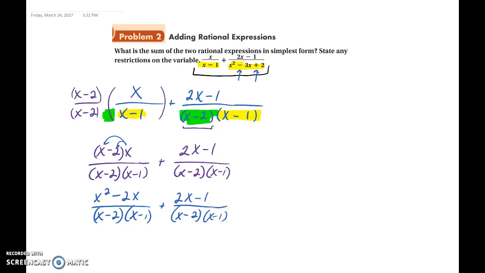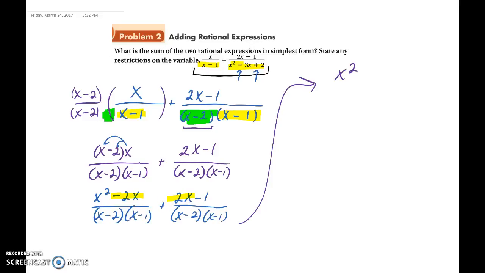Now since this is adding, we can go ahead and add our numerators. After we add, it'll give us x squared, because there's no other x squared. Now here we have minus 2x and plus 2x, so that will cancel out.